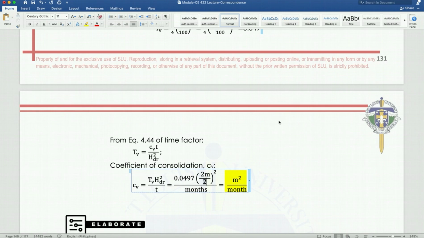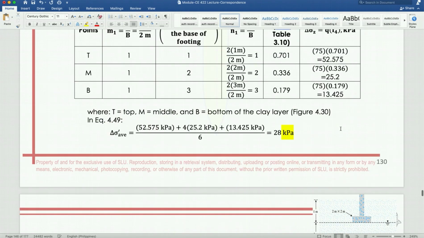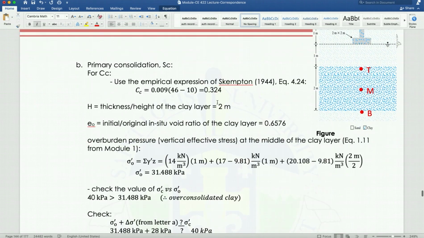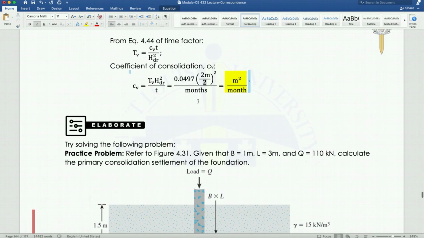Because from our given, the bottom is not impermeable. So our exit will be on the top and at the bottom. If this is impermeable, then it is just H_DR. But since this is not impermeable here, water can exit here and also exit here, then H_DR is the height over 2. So that would be 2 divided by 2, and divided by 12 months.